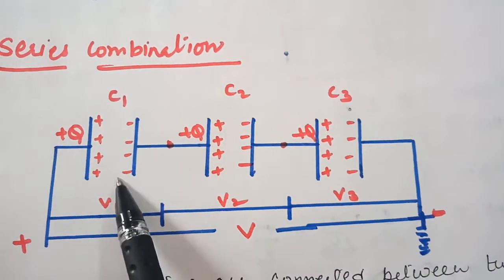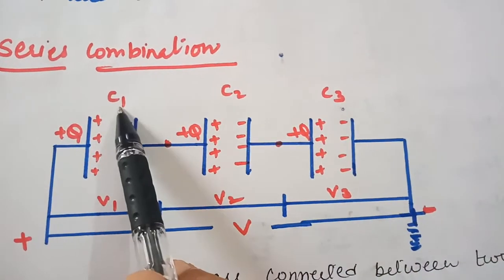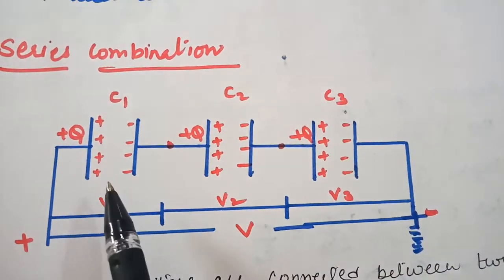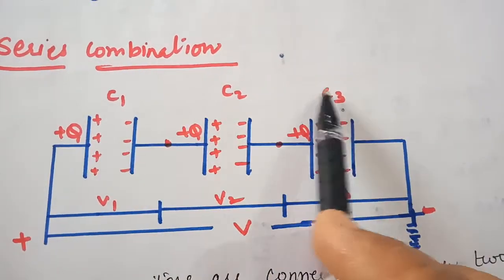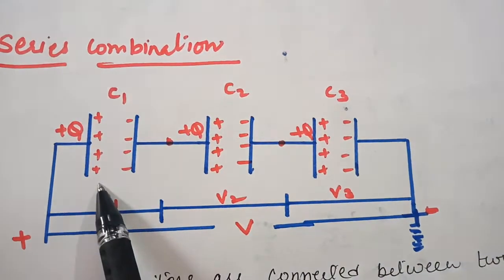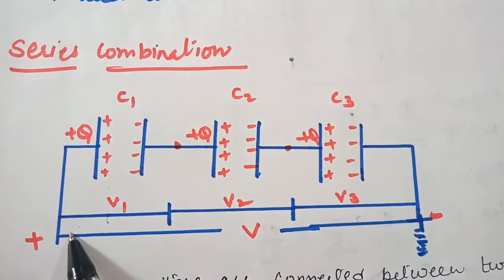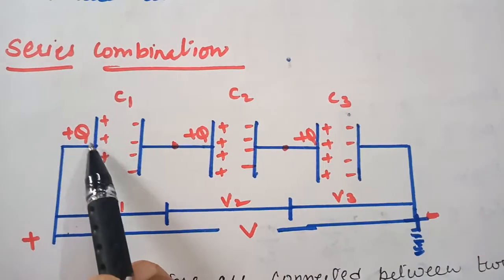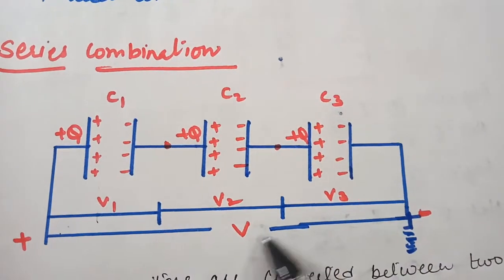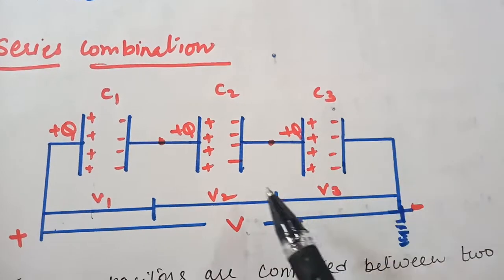Here these are three parallel plate capacitors having different capacities C1, C2 and C3. Different capacities mean the charge storing ability will be different. Now the external source, a battery or cell, is connected to the first plate, and the other end of the battery is connected to the last plate of the capacitor C3.